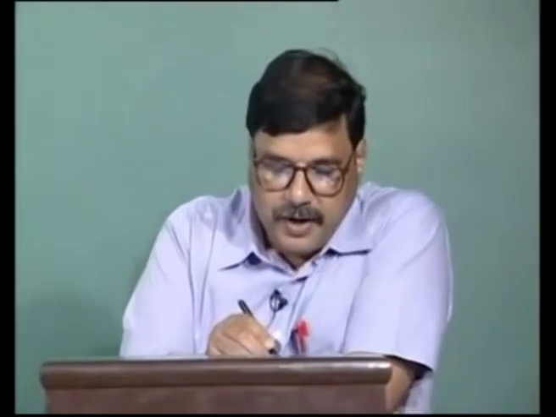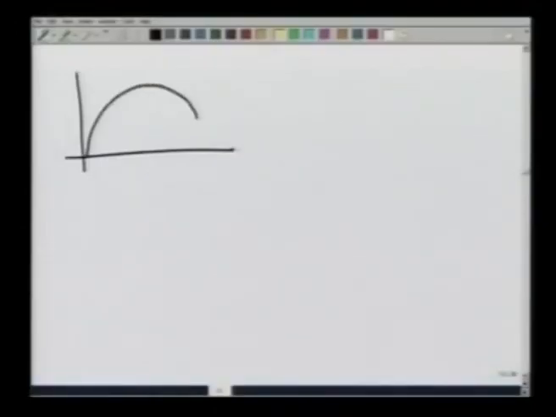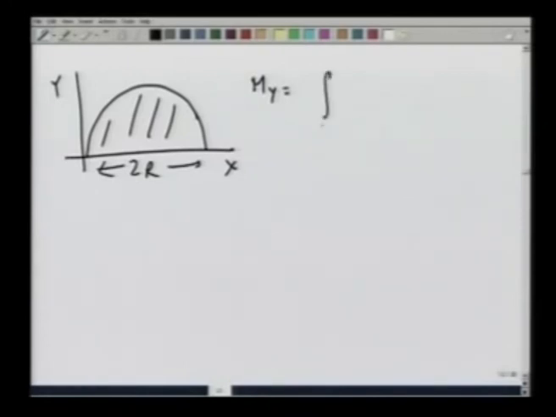So, I have my for the semicircle of diameter 2r. my equals integration minus pi by 2 to pi by 2 r cubed cosine square theta minus sine theta cosine square theta d theta.